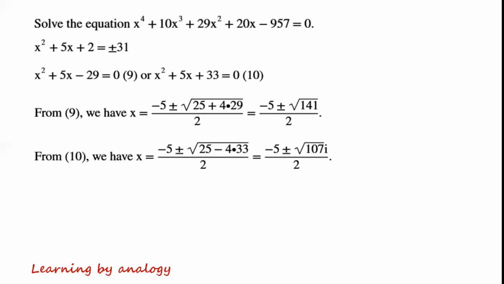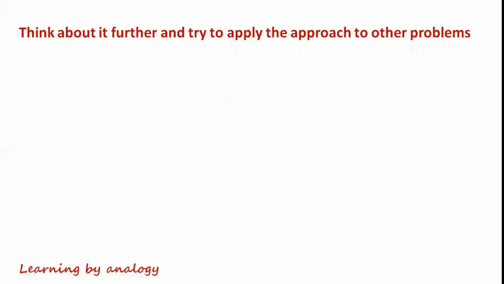From equation 10, we have x equals minus 5 plus or minus root of (25 minus 4 times 33), over 2, equals minus 5 plus or minus root of 107i, over 2.